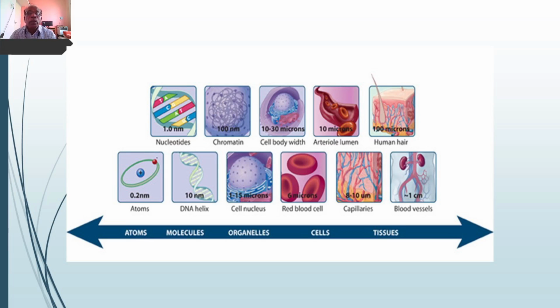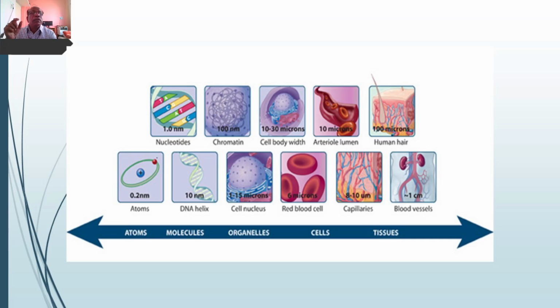The arteriole is the smallest blood vessel, which penetrates the tissues and supplies nutrients and oxygen to the respective tissues or cells. Arterioles or venules are the smallest blood vessels.